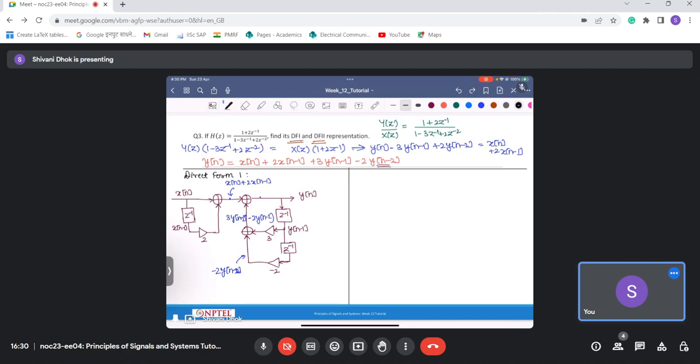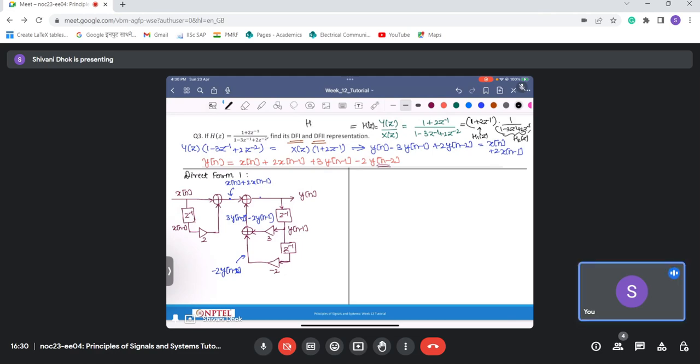Madam, can you explain how it is convolution and interchange of subsystem 1 and subsystem 2? If you look at this, I can write H(z) as (1 plus 2z inverse) multiplied by 1 upon (1 minus 3z inverse plus 2z to the power minus 2). This I can consider as H1(z), and this as H2(z). H(z) is basically H1(z) into H2(z).